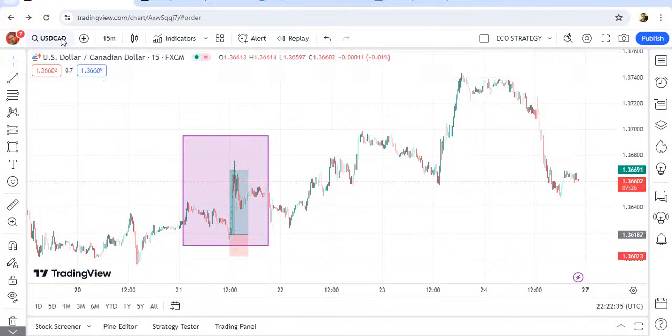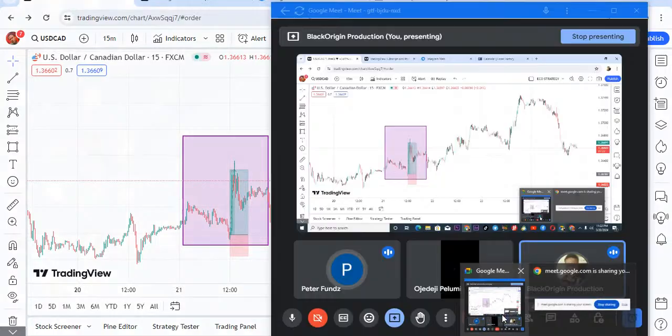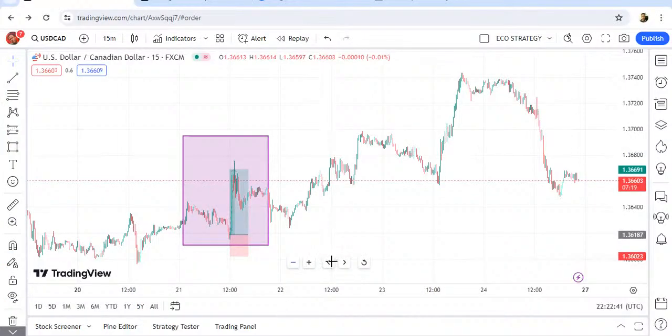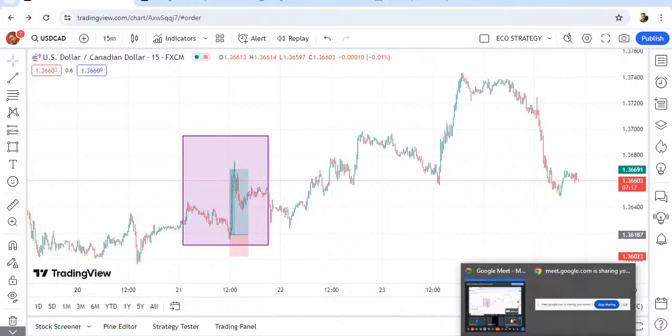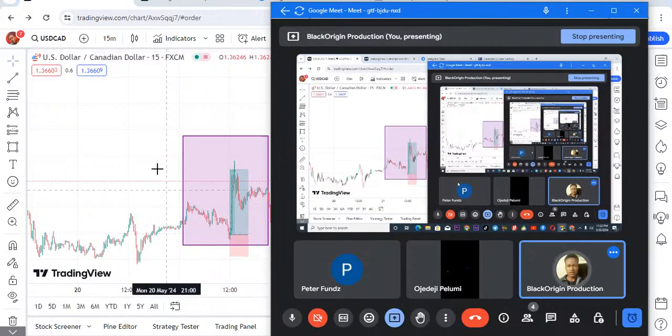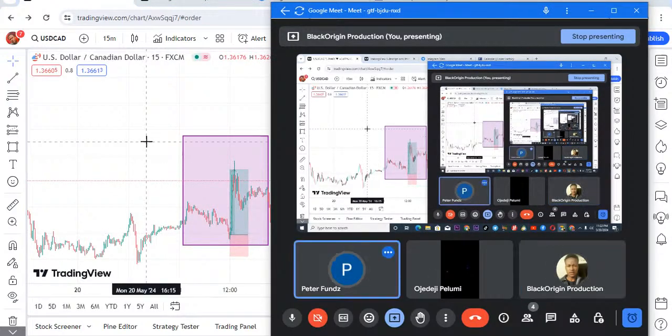So we predicted with the help of Pelumi, we have seen where GDP US is going to go. So let's go to BTC USD.